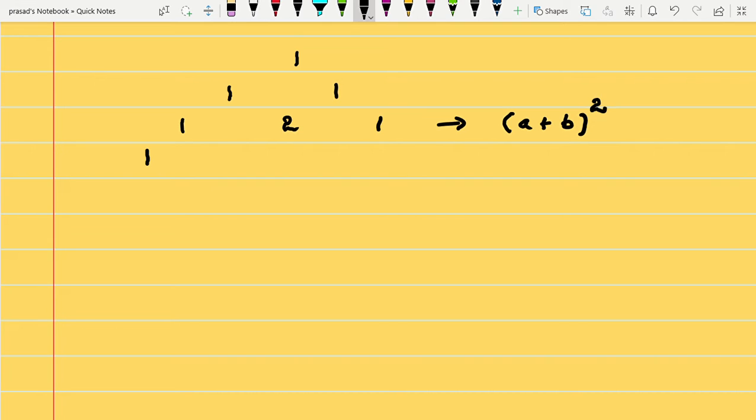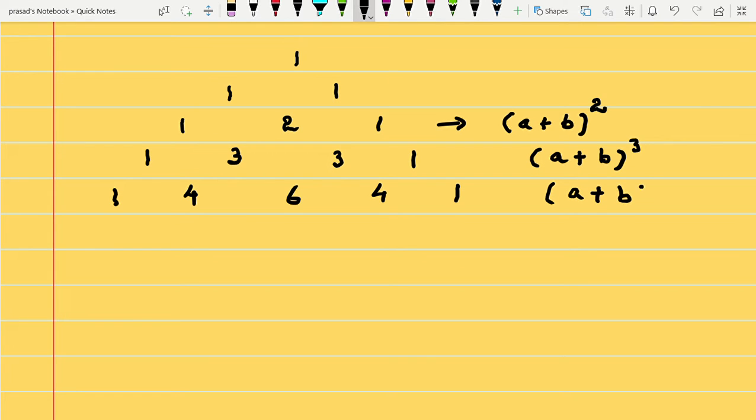Then 1, 3, 3, 1. That is the coefficients in the expansion of a plus b the whole cube. Then 1, 4, 6, 4, 1. Coefficients in the expansion of a plus b to power 4. Then 1, 5, 10, 10, 5, 1.